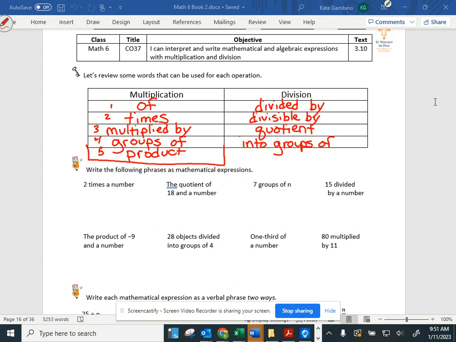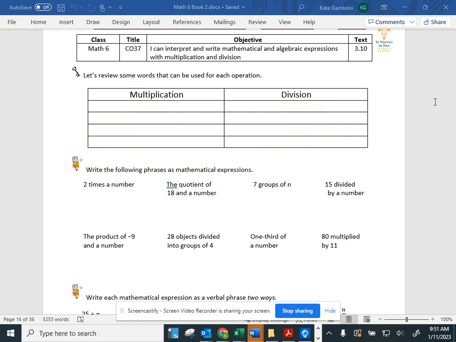So we're going to be doing the same kind of work that we did yesterday. They're going to give us phrases that we're going to turn into that mathematical expression. And then they're going to give us the expression, and we're going to write it out in a phrase, that word phrase. So let me scroll up so we can see what that looks like.